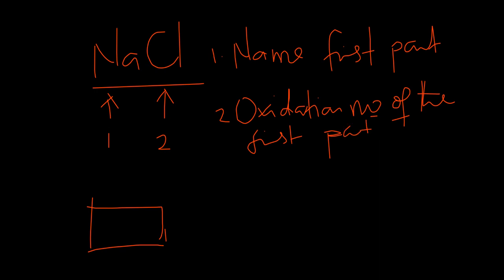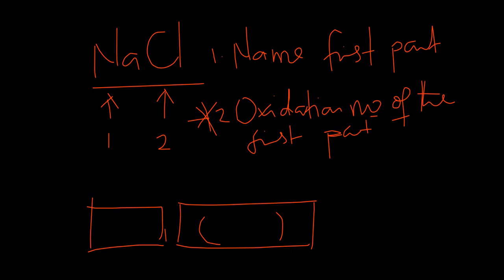What I mean by parentheses is brackets. So the first part, the oxidation number, write it in brackets. And please, I'll put an asterisk on this one because there are conditions under which you do this. We'll come to that very soon.